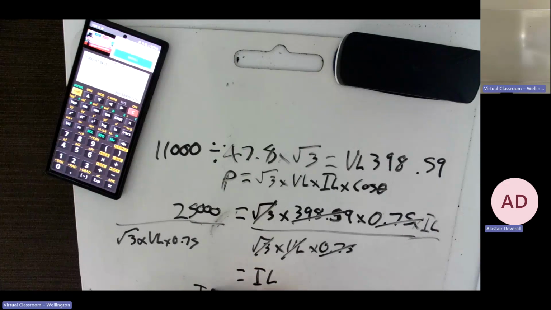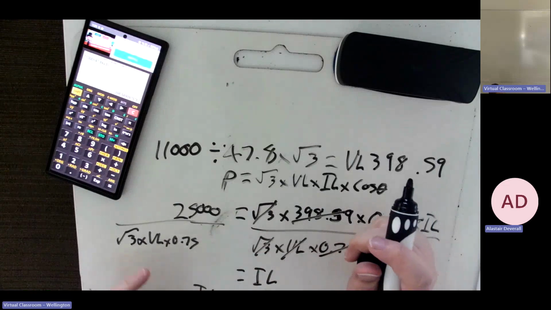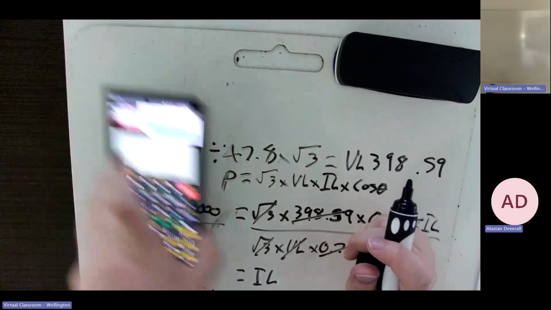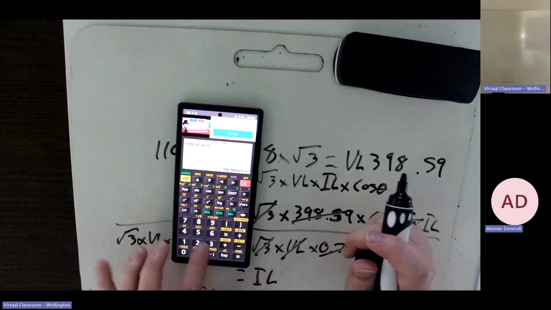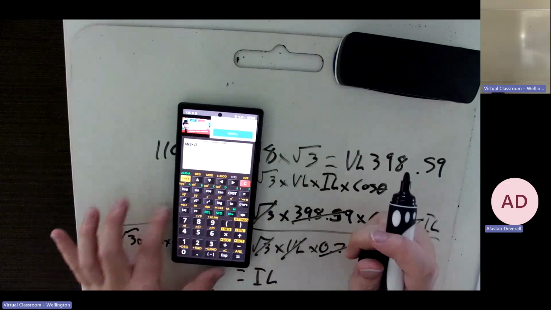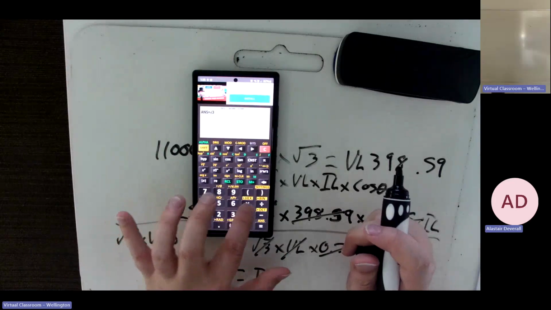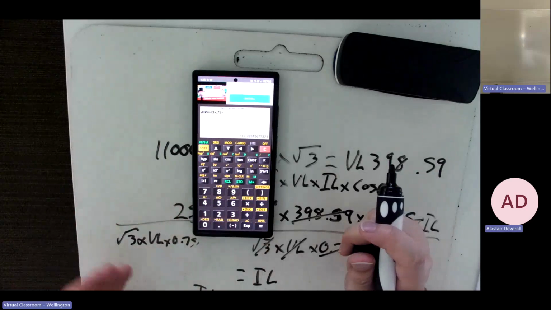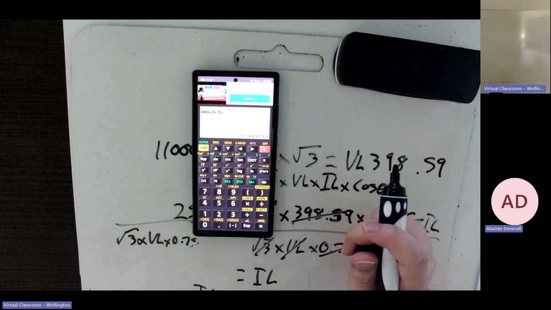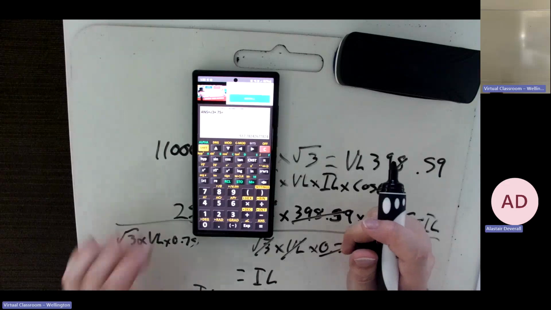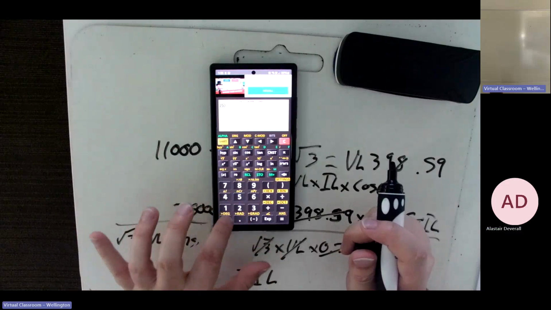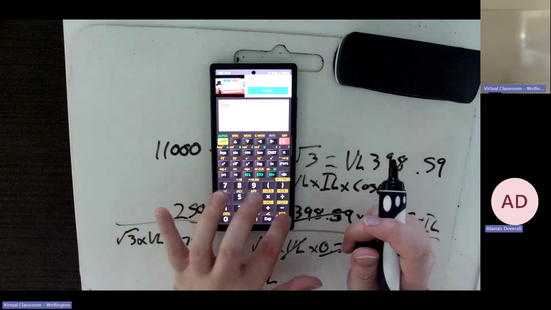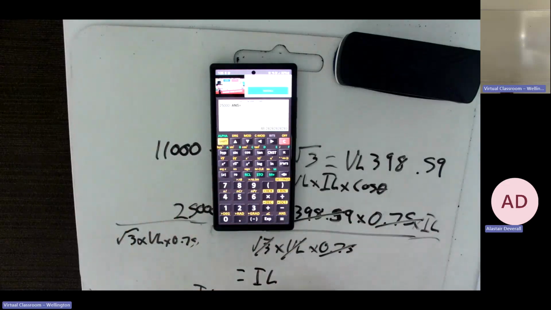I line equals 25,000 divided by square root of 3 times V line times 0.75. So I currently get my V line in there. I'm going to multiply this by root 3, and I'm going to multiply it by 0.75. Doesn't matter on order of operations because they're all multiplication. And now we get our 25,000 divided by answer.